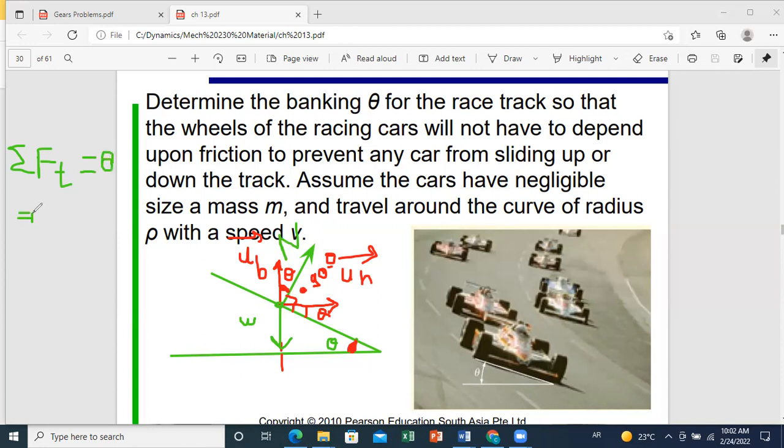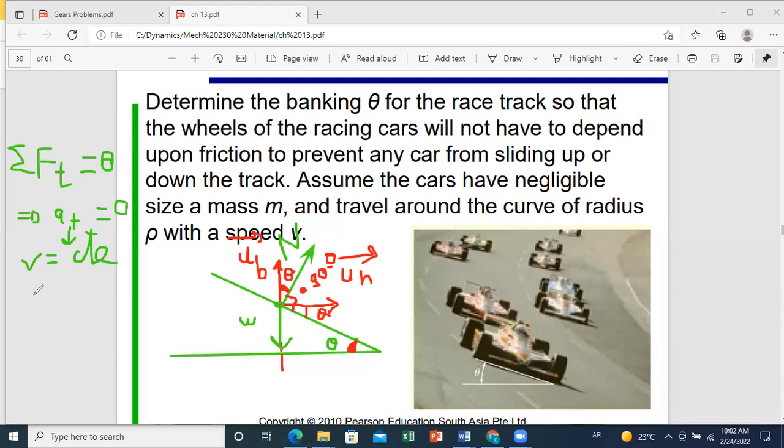So AT is 0, and this was expected because V is constant. This equation will not be of help for me because we don't have any force along UT. I will move to the other two equations.